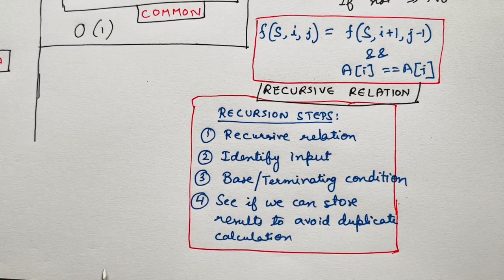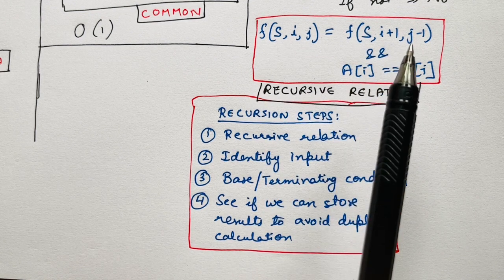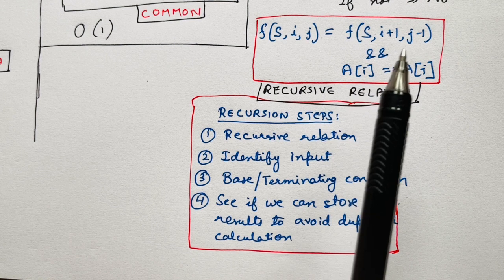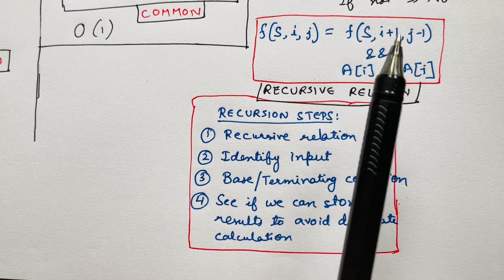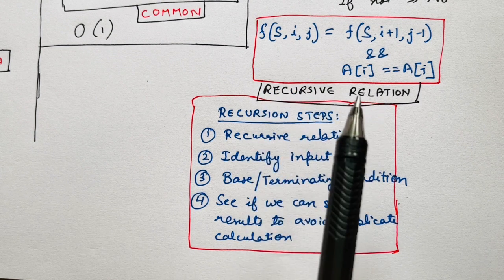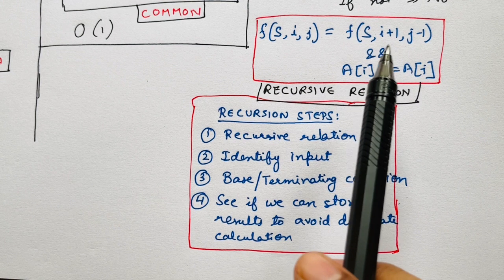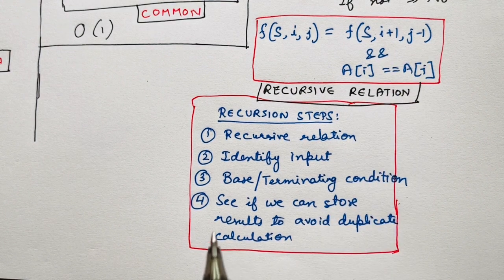So in recursion, we break our problem into a smaller problem. Why do we say that this is a smaller problem? Because its input size is usually getting smaller. How is the input size getting smaller? Because here the length was higher than the length of the substring that we are calculating here.